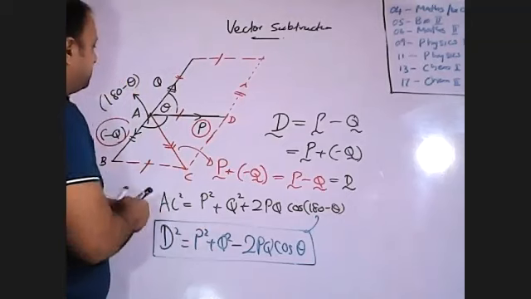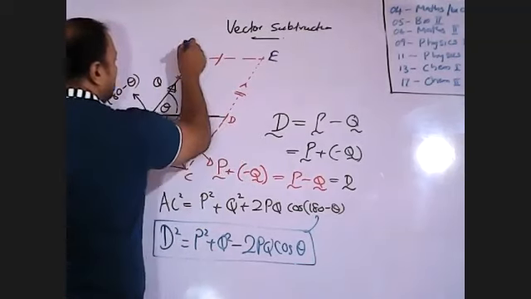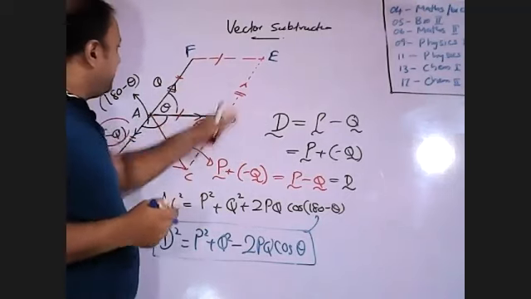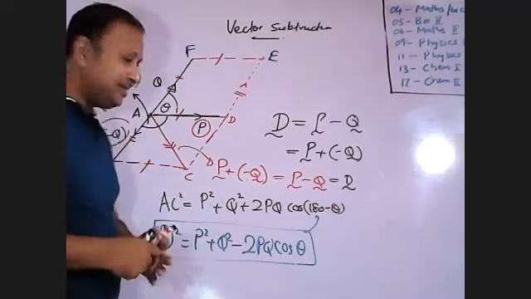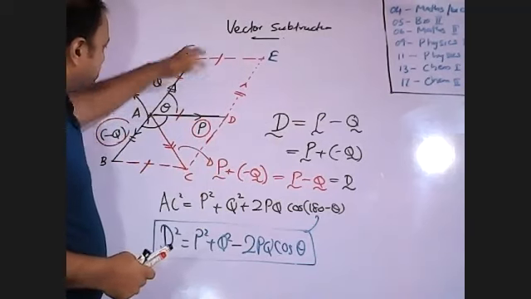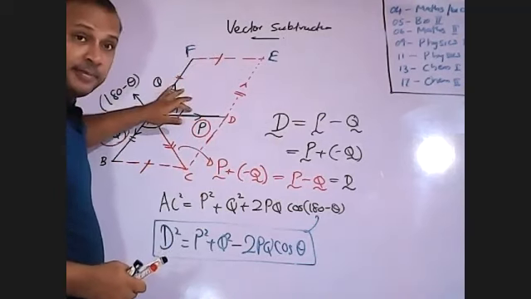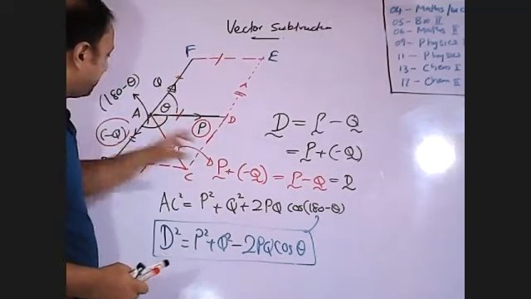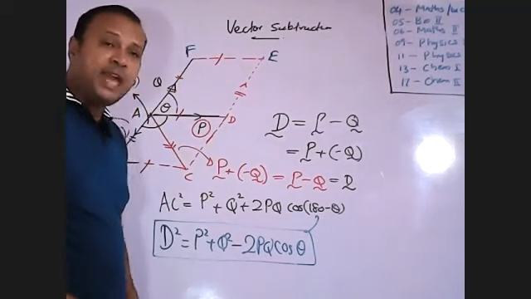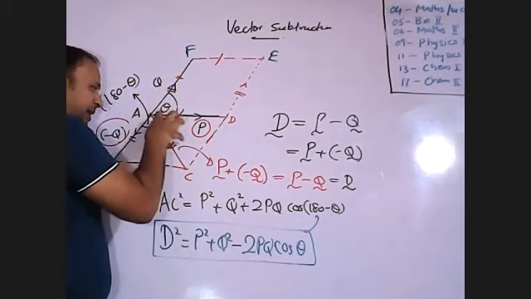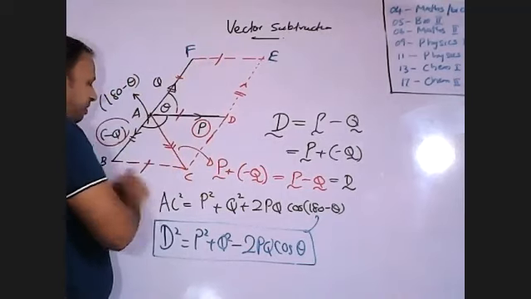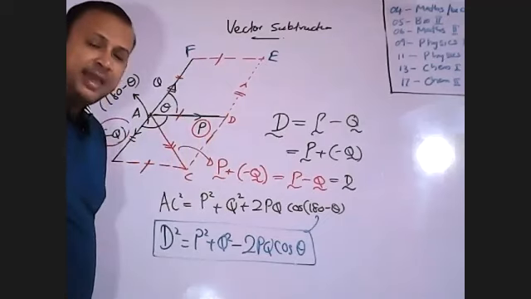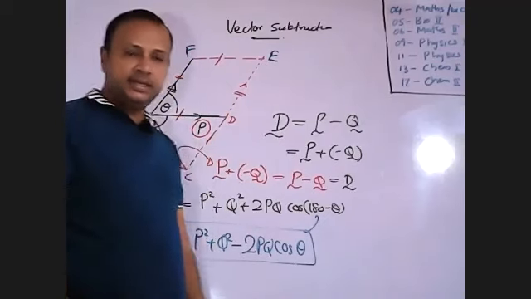Therefore, suppose this is D, E, F. If I complete the ADEF parallelogram, you can clearly see the corresponding sides in each parallelogram are equal to each other. Therefore, the ABCD parallelogram and the ADEF parallelogram, these two parallelograms, are equal in size.